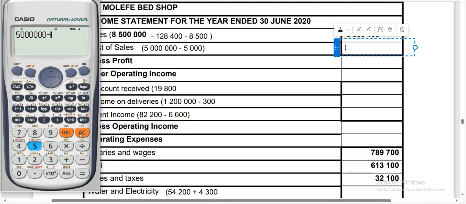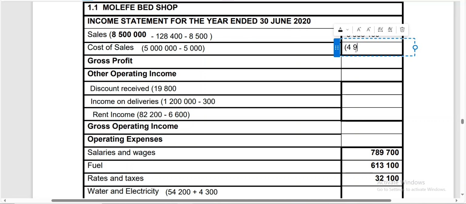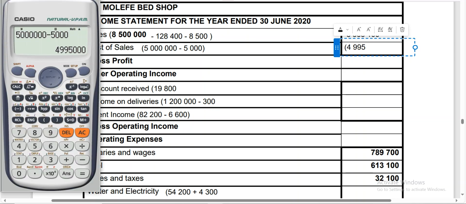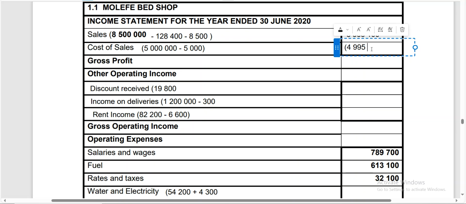We minus the 5,000 of the return bed, and we are getting 4,995,000.